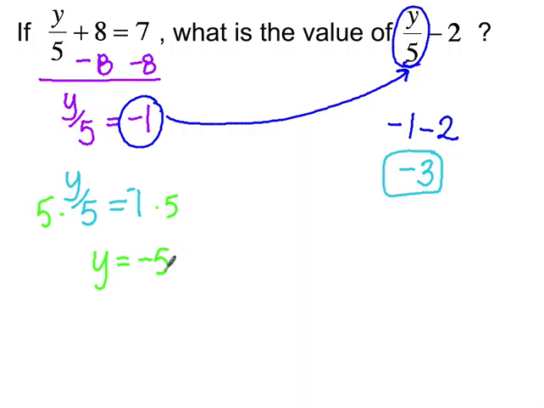Once you get that negative 5, you could plug it in up here, same thing, for y. So you would get negative 5 over 5 minus 2. So negative 5 divided by 5 we know is negative 1. Minus 2 gives me negative 3, which is exactly what I got. So the one way is a little bit shorter. You don't have to do as many steps. But if you don't understand it as well, do it the second way that I showed you.